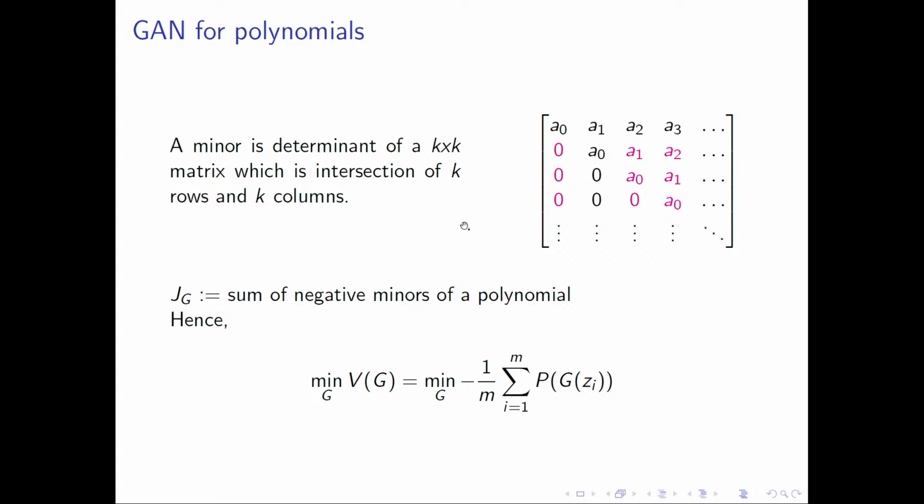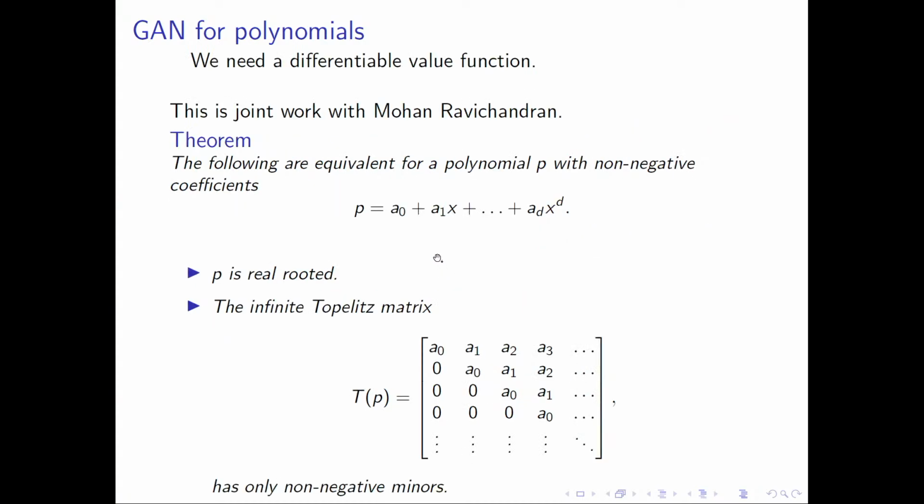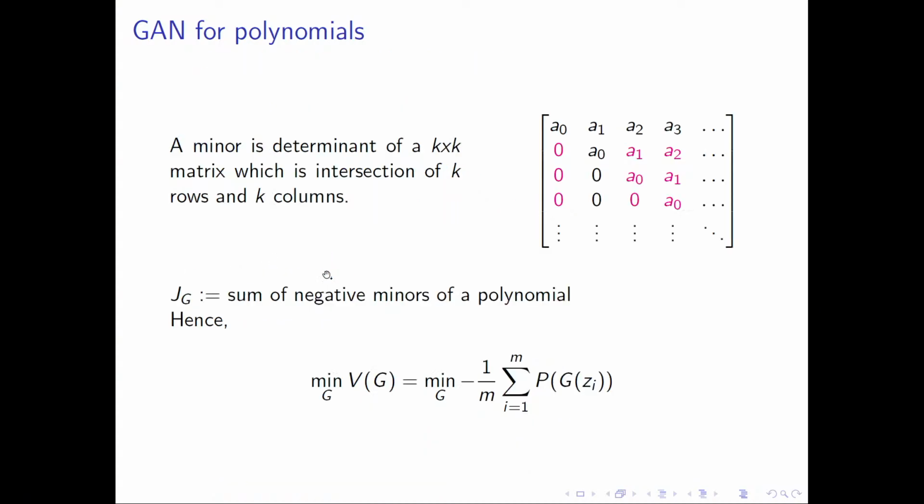Okay, then we talk about this because the discriminant is also a polynomial, and we take the derivative of this. So if we find the sum of the negative minors of a polynomial, and we know that if it has only non-negative minors, we find a real-rooted polynomial.